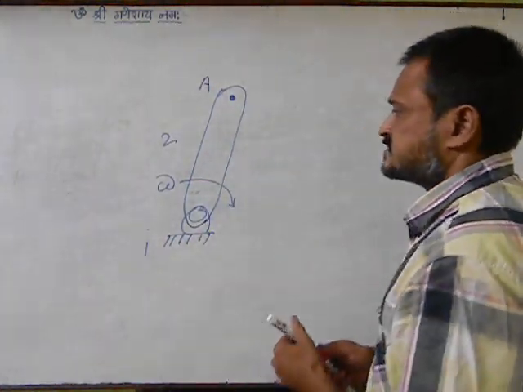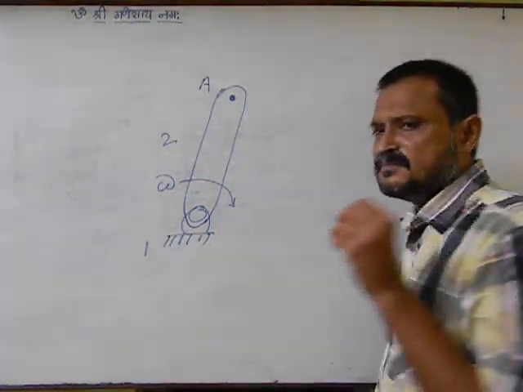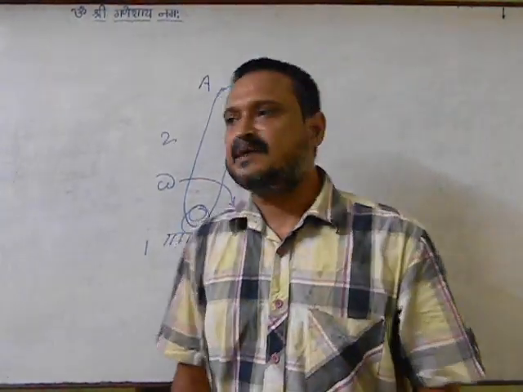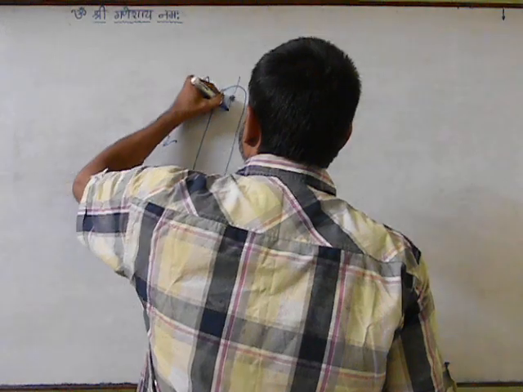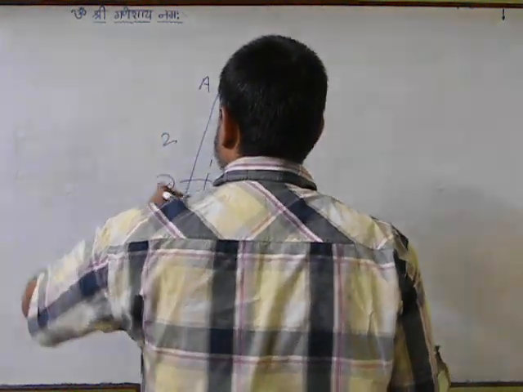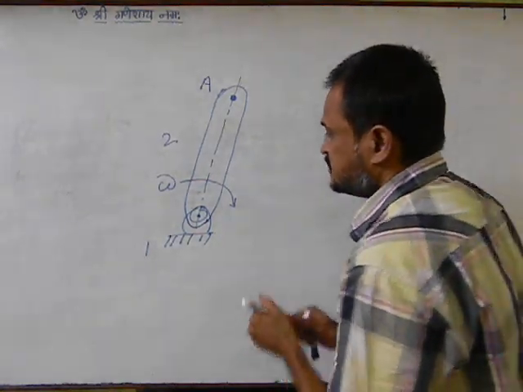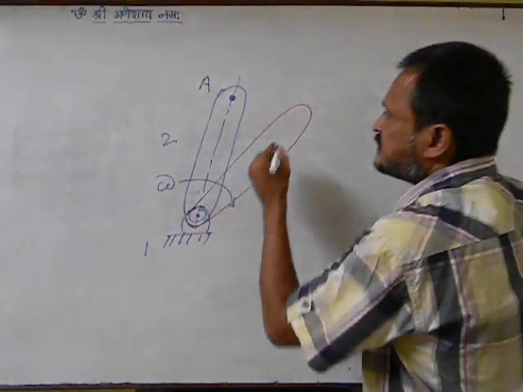Now let us try to understand and relate the condition. After some infinitesimally small time interval, this link 2 moves, let us say, here.